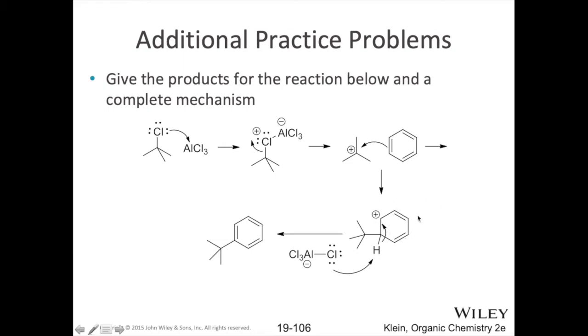Of course, this is resonance stabilized. We're only showing the one complex. We're not showing all the resonance structures. And then of course we have our complex, which can also act as a base, and so it plucks off that extra proton, restoring aromaticity, and there we have our alkyl benzene as the product.